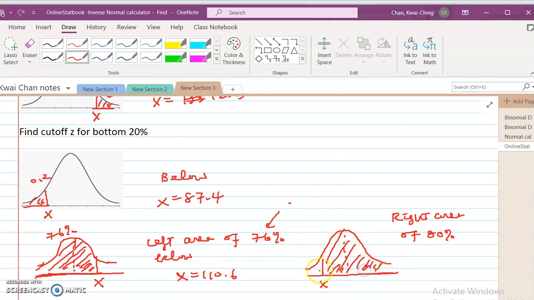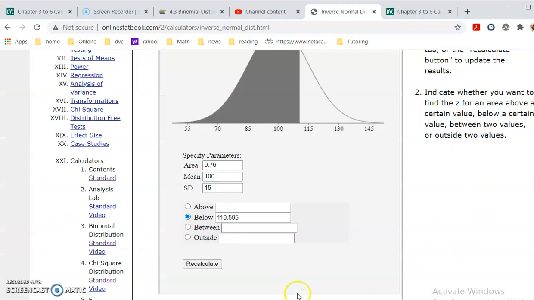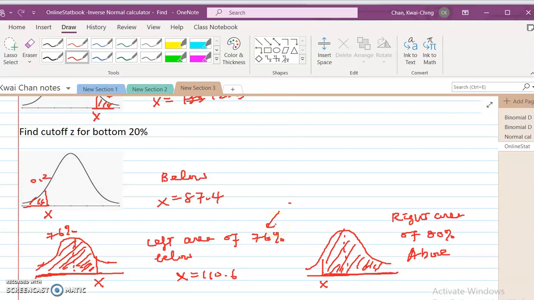So if you are to use the inverse normal calculator, you would use above because the 80% corresponds to anything above this cutoff. Above means above the cutoff. So we can try 0.8 and then we say above: 87.4. So x is equal to 87.4.